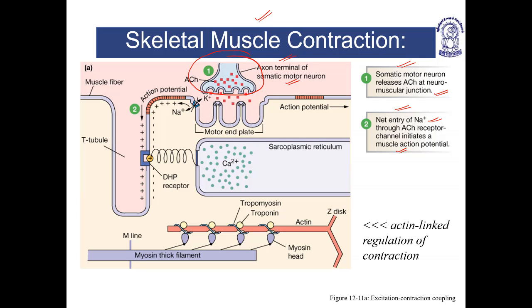So sodium ions come in, potassium ions go out. This is the T tubule. The T tubule is the invagination of sarcolemma at the A-I band junction.